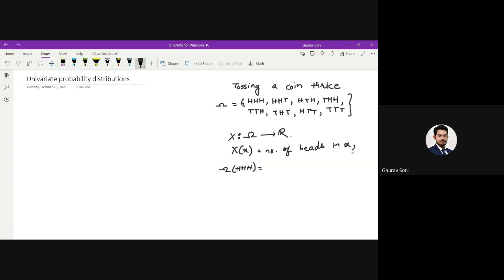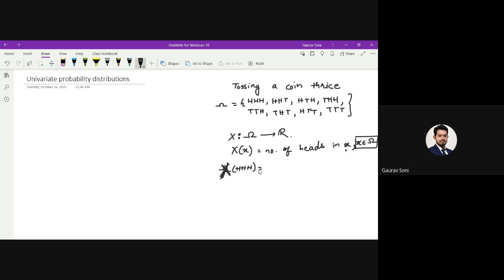Where does this x belong to? x belongs to your sample space. So I'm defining a function from my sample space to the real numbers. And how am I defining it? I'm defining it as the number of heads in that element. So what will be capital X of HHH?